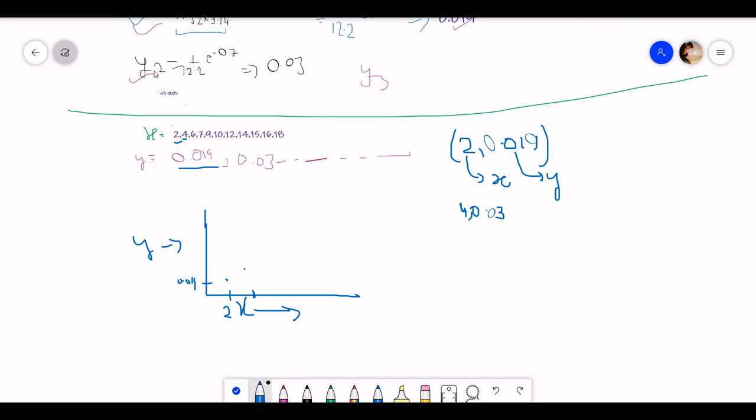After calculating all these values, it is our x, it is our y. Our points will flow like this, and it will make our normal distribution.